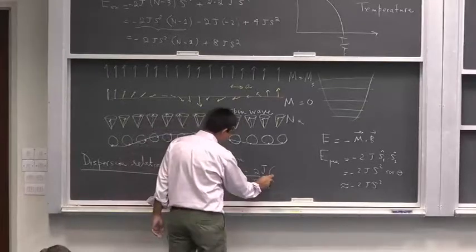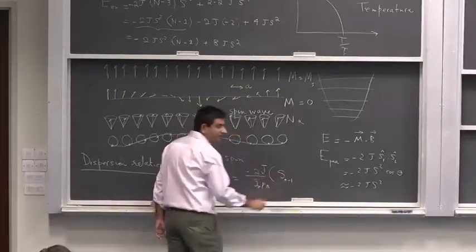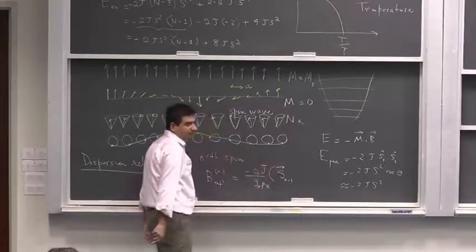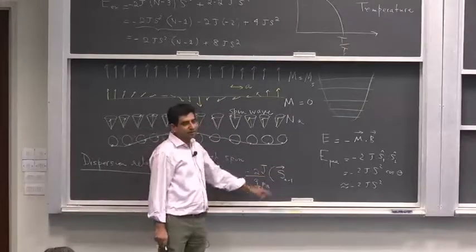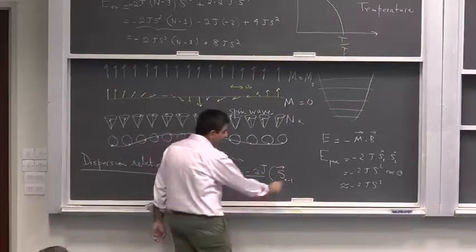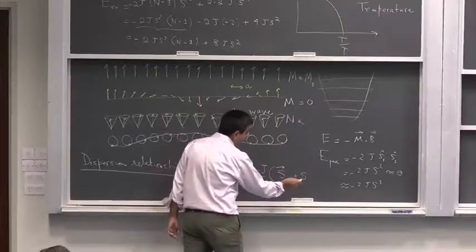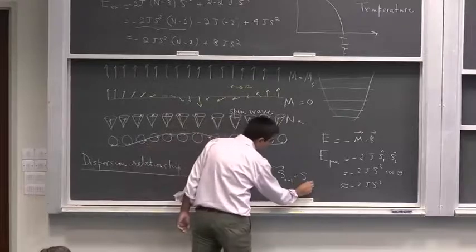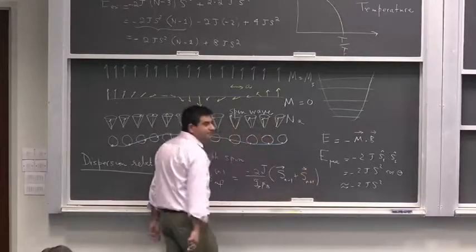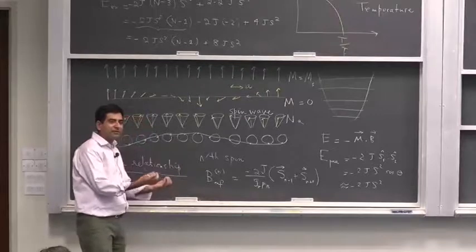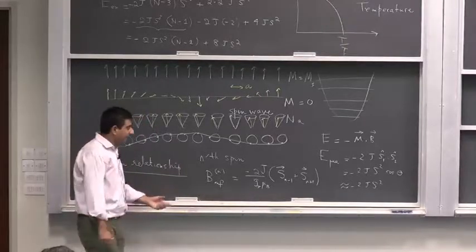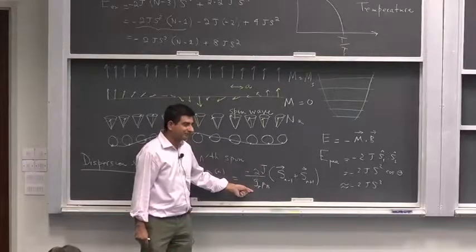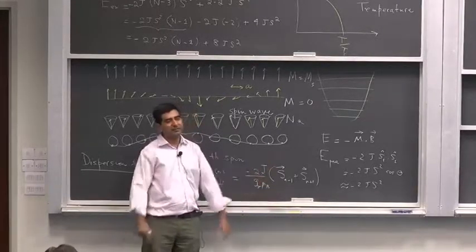The neighboring spins are S_(n-1). Now, since I'm doing a classical calculation, I'm putting a vector sign on top of this. Really, these are quantum mechanical operators. Plus, the next neighboring one: one neighboring spin is to the left, the other is to the right, S_(n+1). So this is really what the effective molecular field that spin sees is all about. It's the exchange interaction divided by this term into the angular momentum of the neighboring spins.